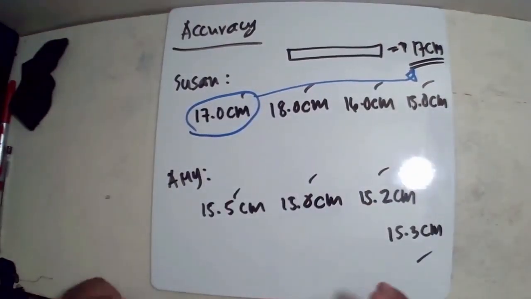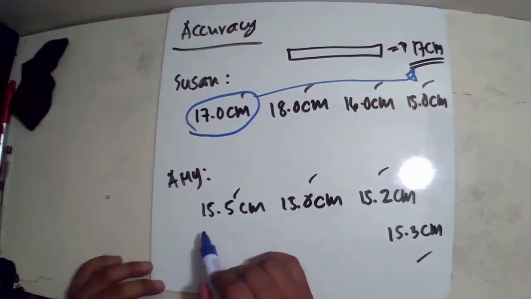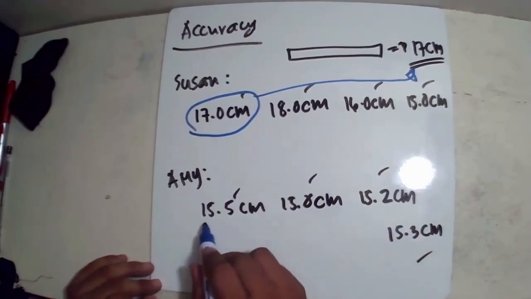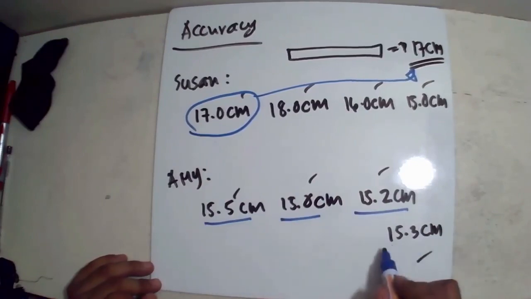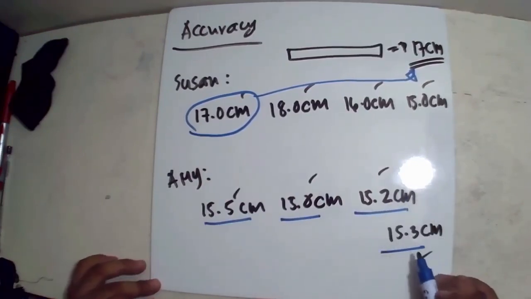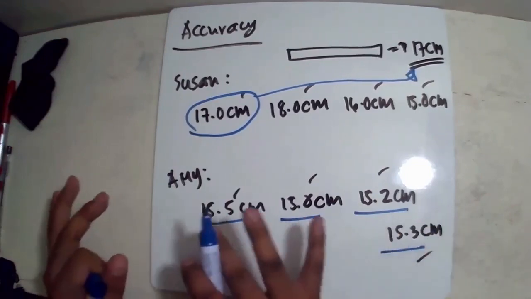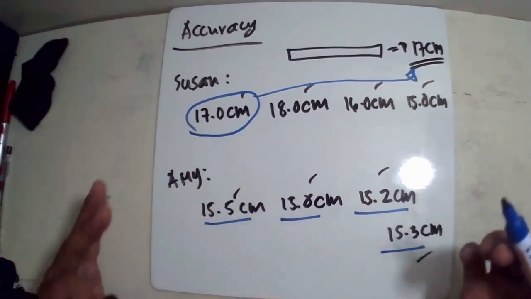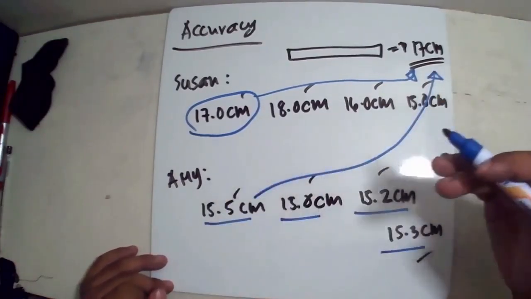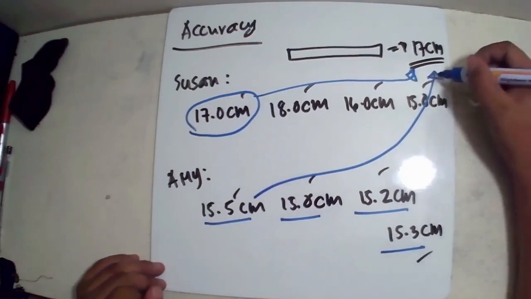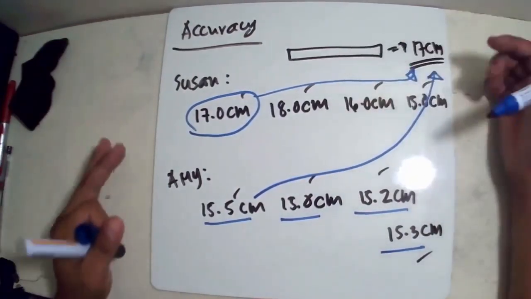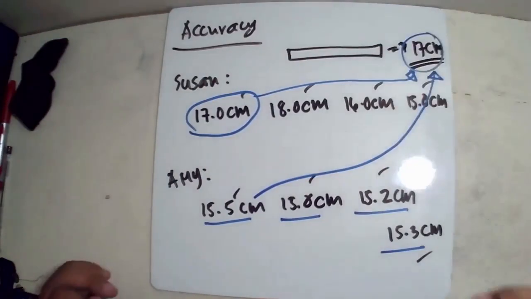And for Ami, although this data is very close to each other, look at this: 15.5, 15.0, 15.2, 15.3, none of these measurements or observations reflects the actual length of the object, which is 17 centimeters.